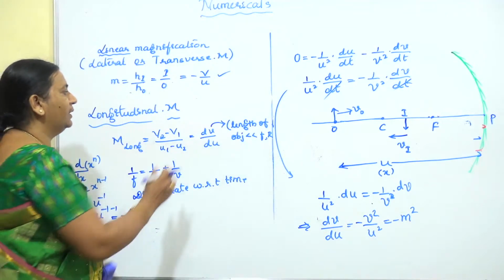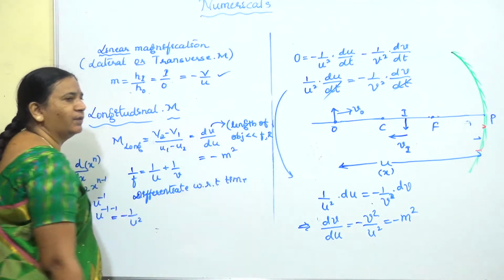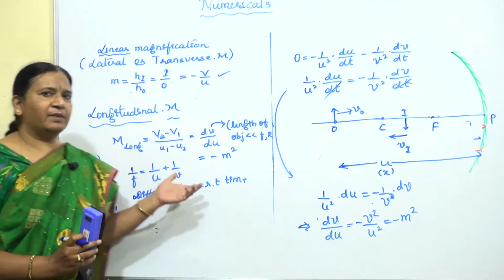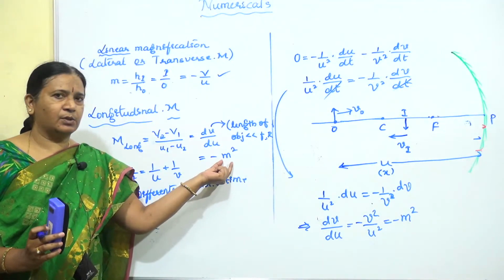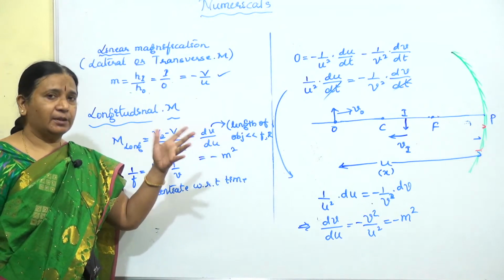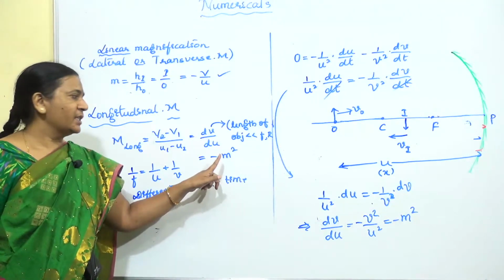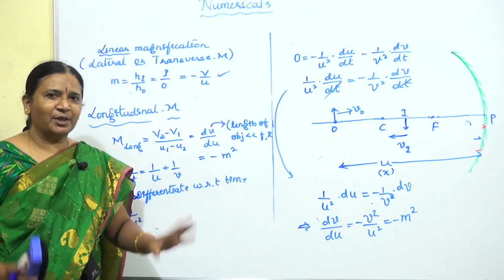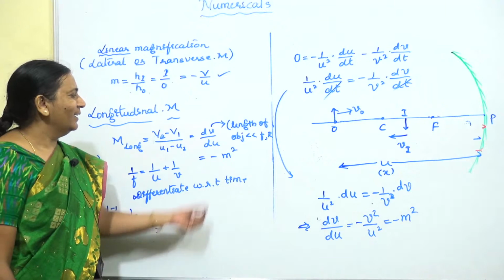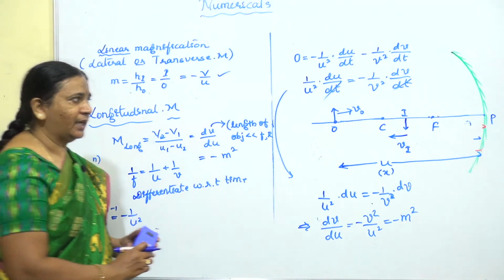So dv by du is equal to minus square of linear magnification. Previously, areal magnification we had got as the square of the linear magnification. Now longitudinal magnification also we can find as the square of magnification. So easy to remember, children, easy to work out. But what is the minus sign indicating? What I have told?